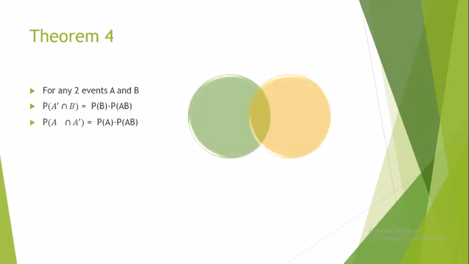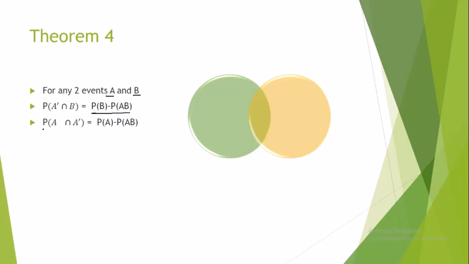Okay, so moving on to the fourth theorem. The fourth theorem is that for any two events A and B, the probability of A complement intersection B is equal to probability of B minus probability of AB.